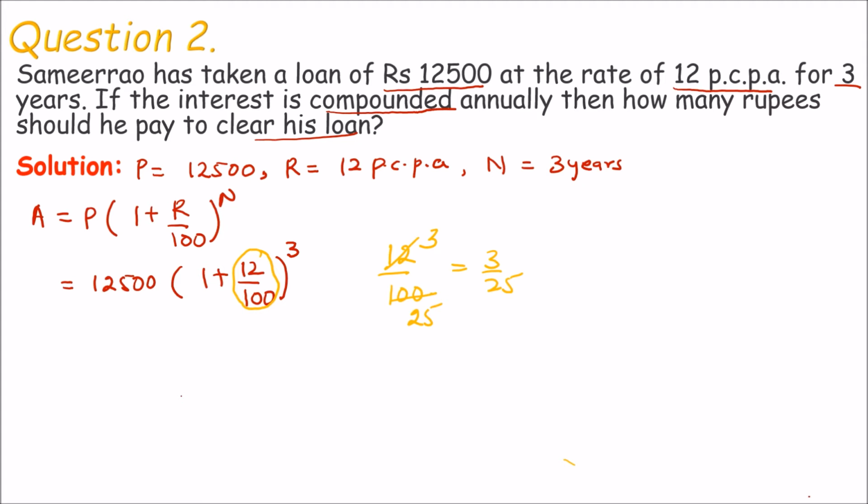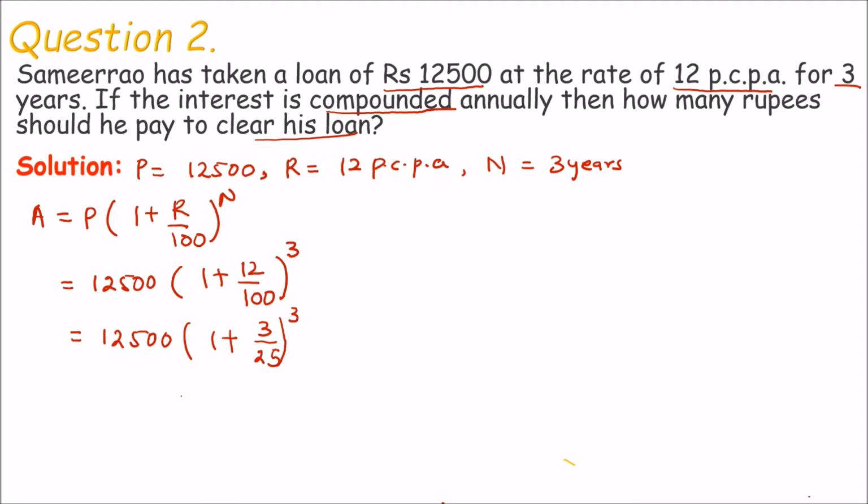So in place of 12 upon 100 we will write 3 upon 25. Now we get 12,500 into 1 plus 3 upon 25 raised to 3.